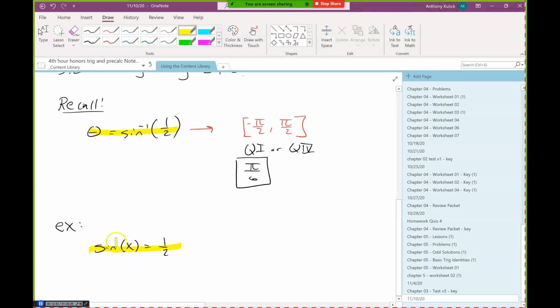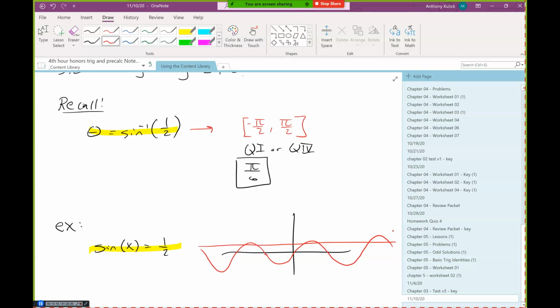Now, though, if I want the values for x that satisfy sine of x equals 1/2, there's infinitely many of those, right? If you think about what the graph of sine looks like, it goes like this. So if 1/2 is here, there's infinitely many of those intersections, right? So let's talk about how we're going to find those intersections, okay?